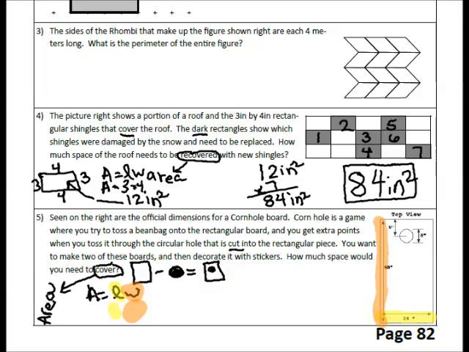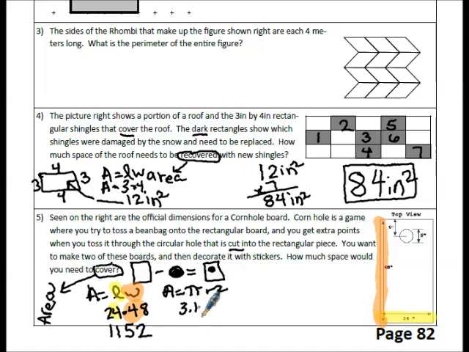So I see that the area is going to be 24 times 48. So 24 times 48 ends up equaling 1,152.